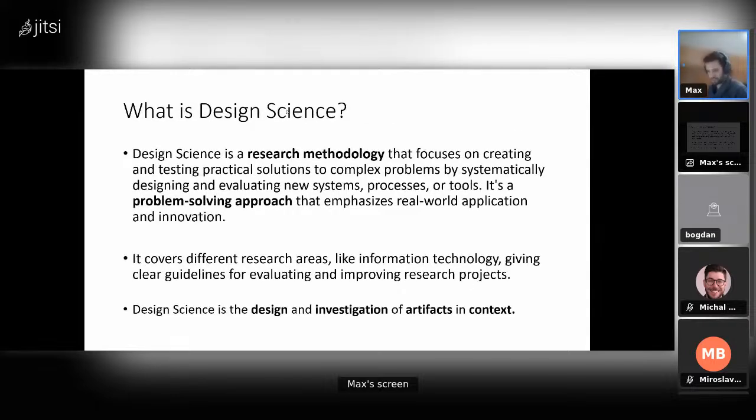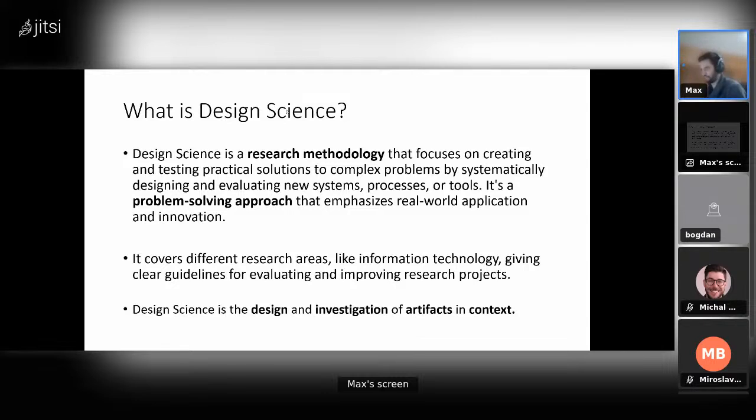So as we just saw in the slide before, design science is really a research methodology. It's a guideline to start new research projects, and to try to narrow down the different approaches you could take, and it has a problem solving approach. It covers different research areas, mainly information technologies.